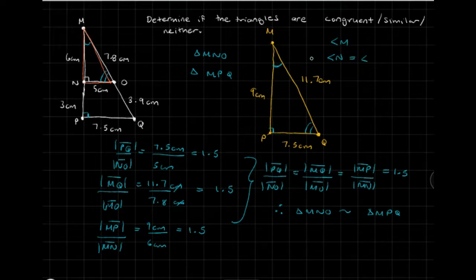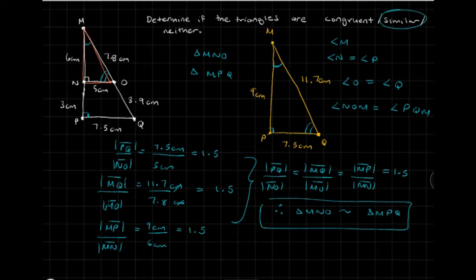Angle N is equal to angle P, and angle O is equal to angle Q. You can also call this angle NOM if it helps, which is equal to angle PQM. It's the same thing. When you have similar triangles, you have the same corresponding angles, and as a result, these two triangles are similar. So that's your correct answer. They're not congruent because they have different side lengths, and since they're similar, the answer is not neither.